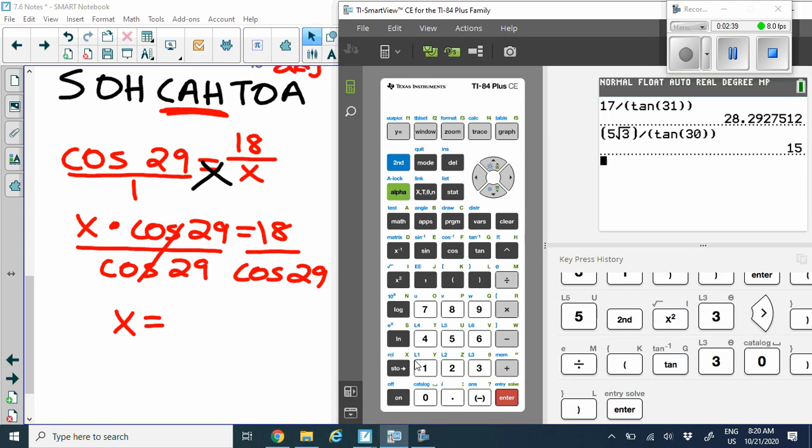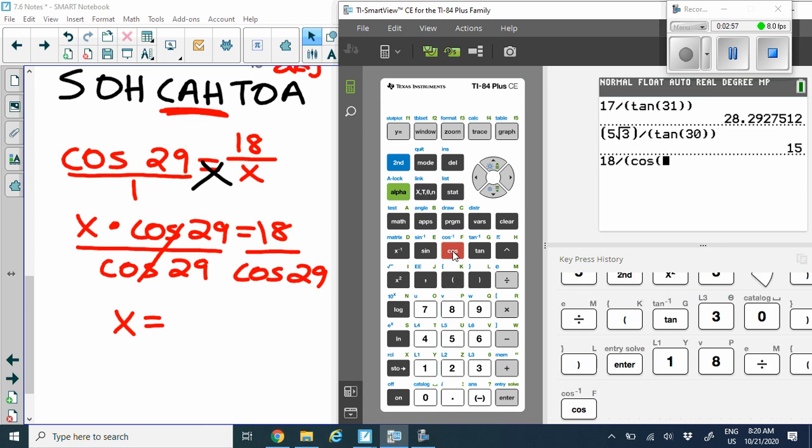Okay, so we have 18, so I'm going to put 18, then divided by, I'm going to do parentheses. Now, where we went to for tangent, we're going to go to the same place. So go down, if you're using the graphing calculator, go to the x to the negative first row, and you're going to see cos. That's going to be our cosine. Now we put in 29, and we need to finish it off with 2 sets of parentheses.